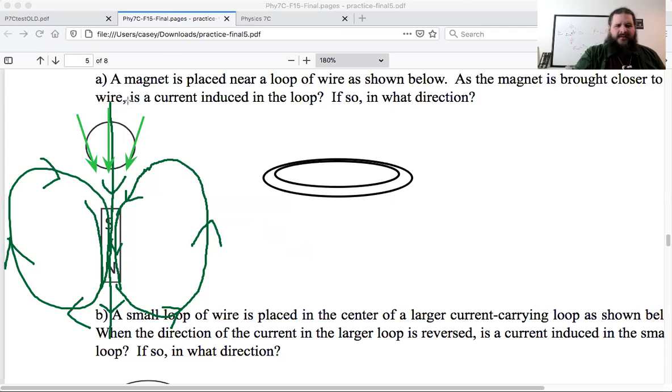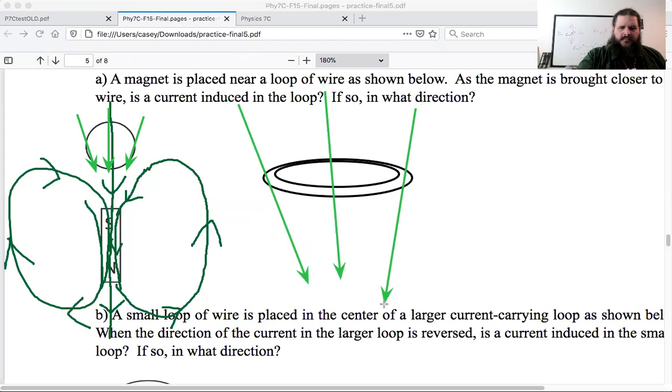And we've got magnetic field lines pointing overall downwards. So there's our magnetic field. And we have this surface inside the loop of wire. So we're defining this surface. That is the surface we care about.